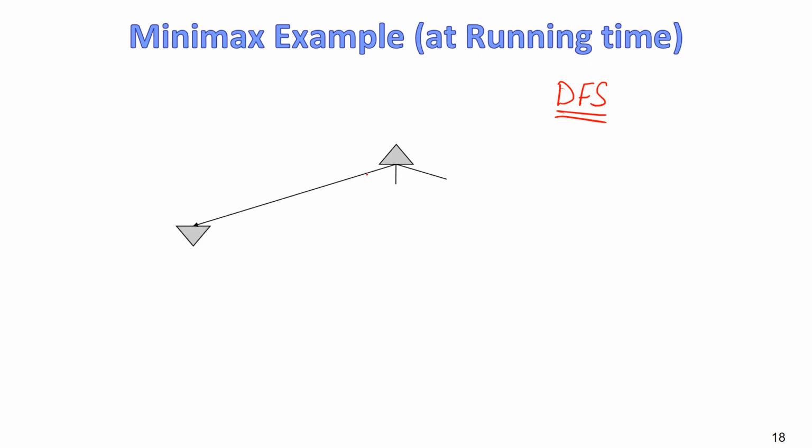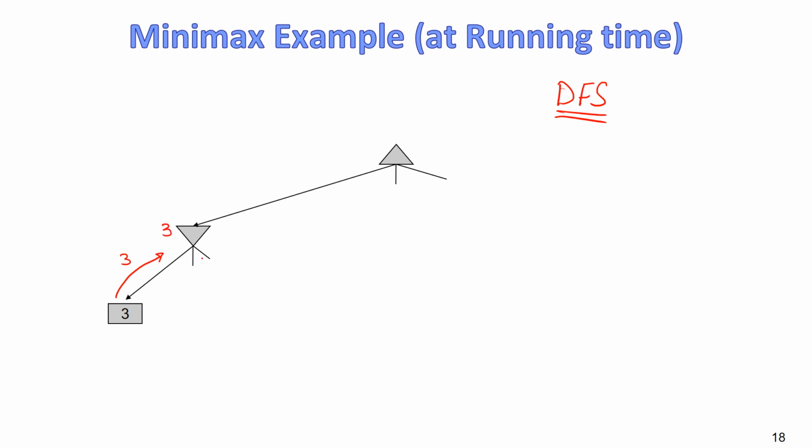So it will start with the first child. Now this child is minimum, so it will call the value of its child until we reach a terminal. The first child is a terminal, and it has a value 3. That means this child will pass back 3 to its parent. So now the value of its parent will be 3.